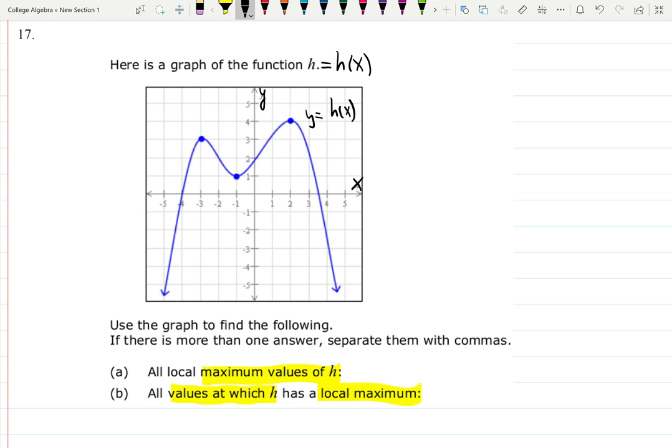For question A, they ask you the height, what kind of height this maximum has. For B, they ask you where it actually happens. That is your input, so in this case, x. In case it's t or whatever, then it's not x anymore.